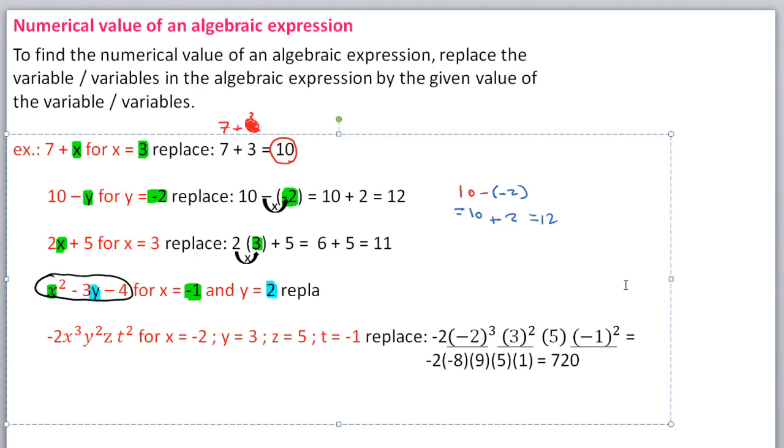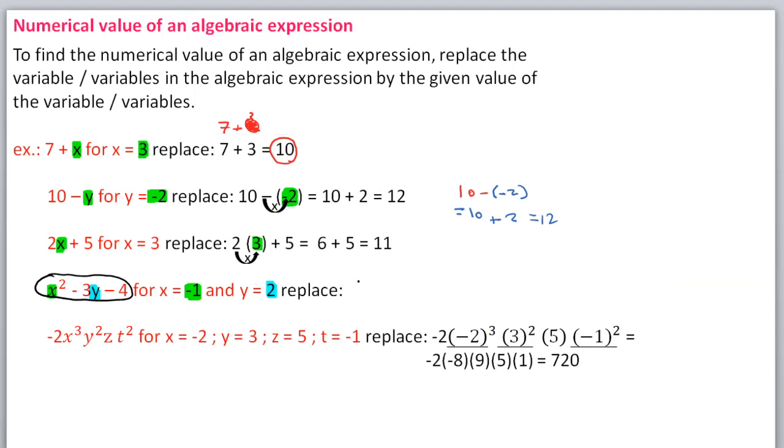I think it's better. Okay, so look, what should you do here? So you need to replace x by negative 1. So I should remove x and write negative 1 squared. Okay, minus 3. I should remove y here and write 2. 3y, so 3 times 2 minus 4. I think it's clear now.